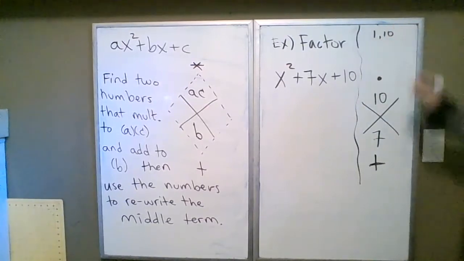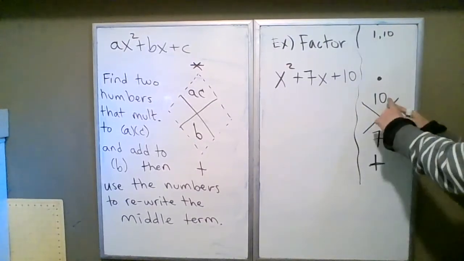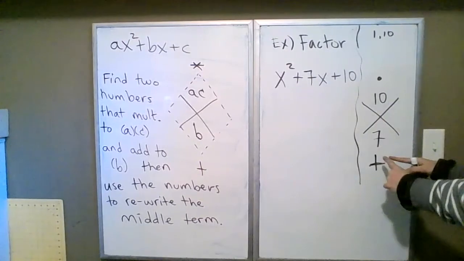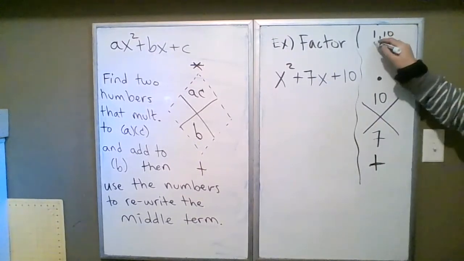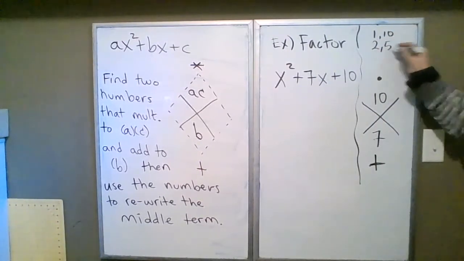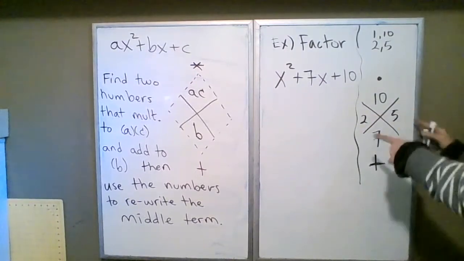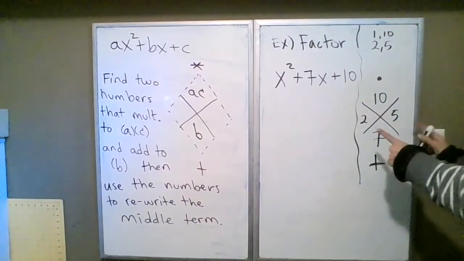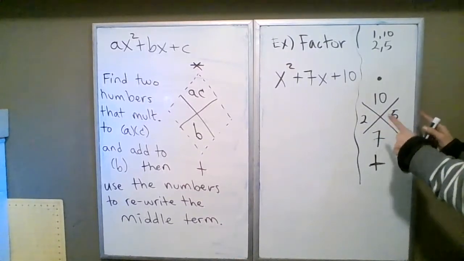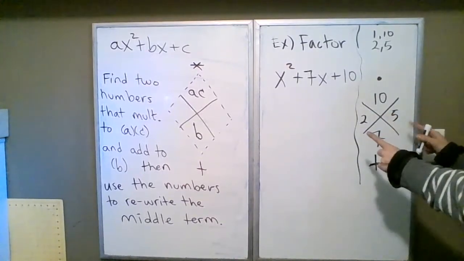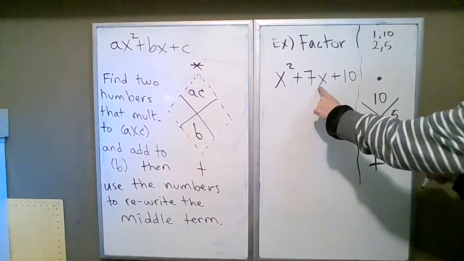1 and 10 is an option, but it won't work because 1 times 10 is 10, but 1 plus 10 would be 11. So we're going to move to 2 times 5. 2 times 5 is 10, 2 plus 5 is 7. So that's the guess. And we use the numbers 2 and 5 to rewrite 7x.